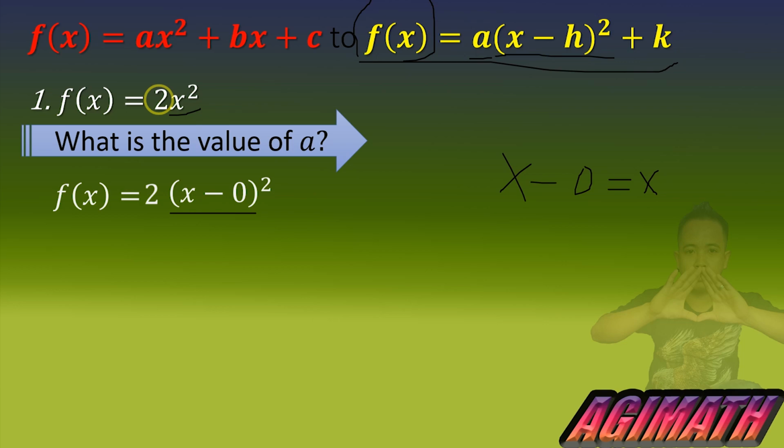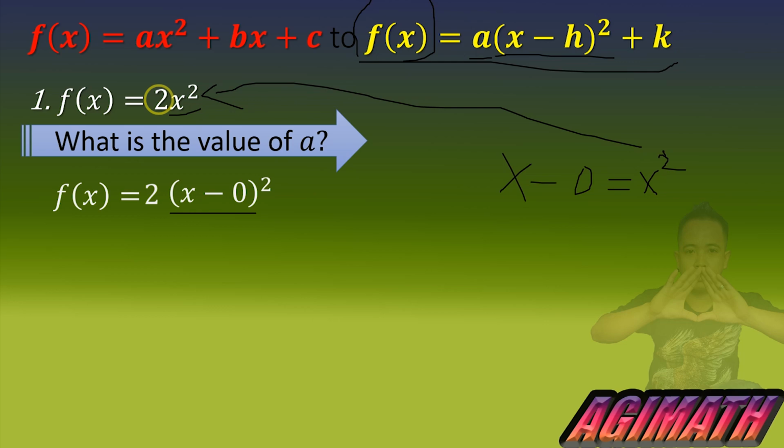So if we have x and then we square it, that is equal to x squared. And basically, that is x squared. So that's why instead of x squared, we rewrite that one as x minus 0 squared. Why? Because in this case, the value of h is equal to 0.